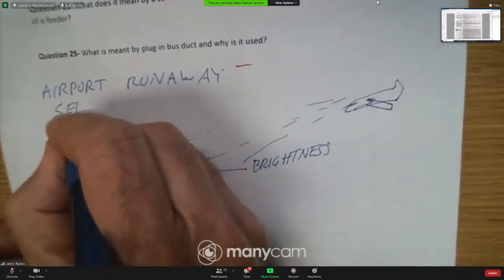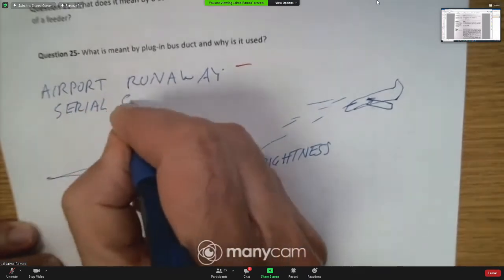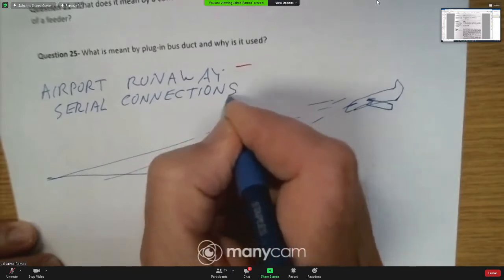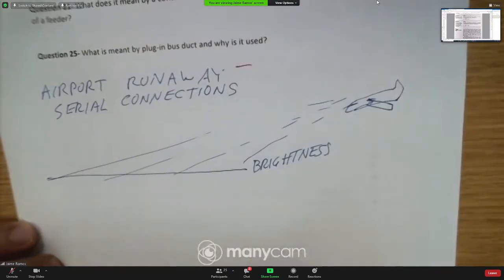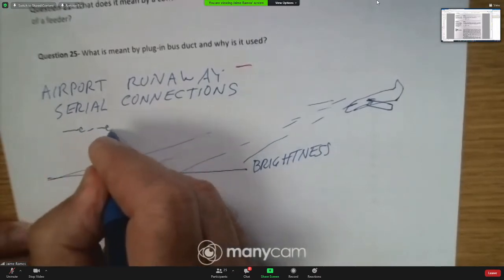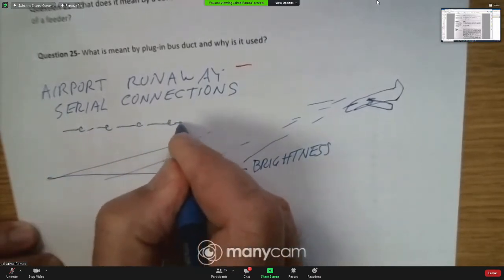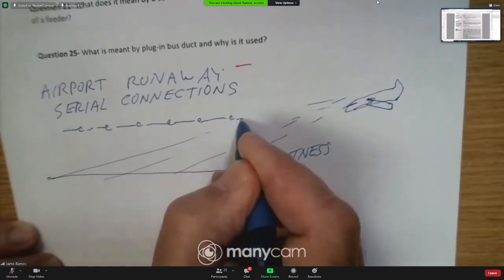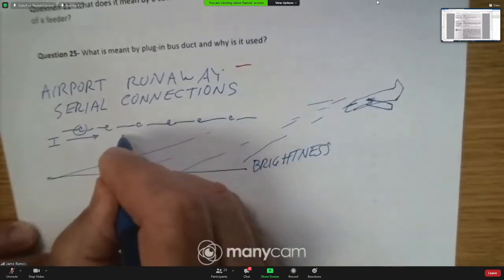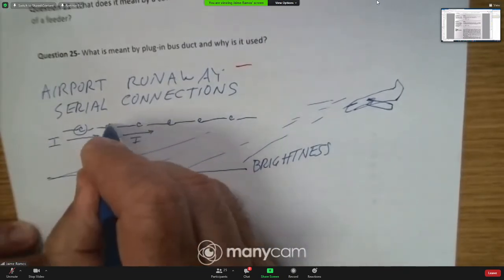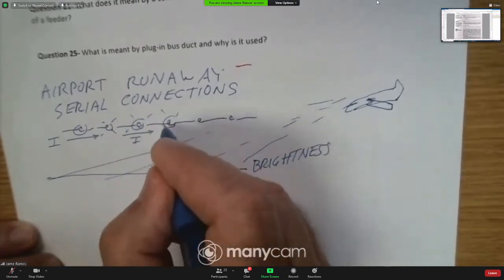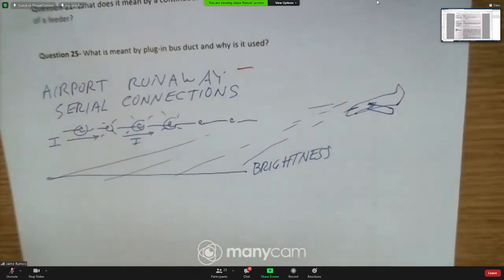So in airports, serial connections for the lighting, so that the same current goes through each lamp, producing the same illumination.